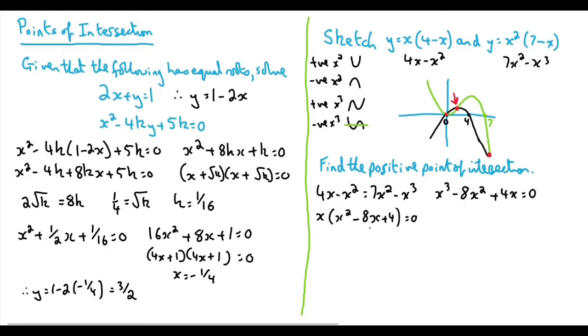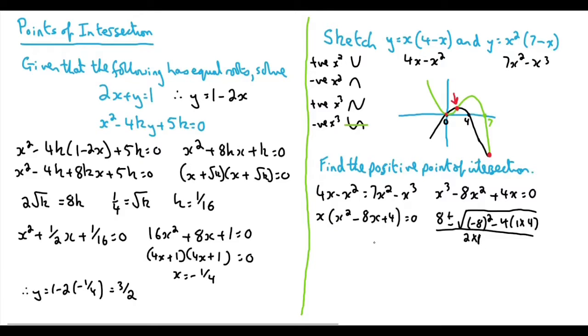This does not nicely break down into 2 brackets, so we will have to use the quadratic formula, where our a is 1, our b is minus 8, and our c is 4. So we're going to have, so minus b, so minus 8 is going to be a positive 8, plus or minus the square root of minus 8 squared minus 4 times by our 1 times by our 4. And this is all going to be over 2 times the 1.